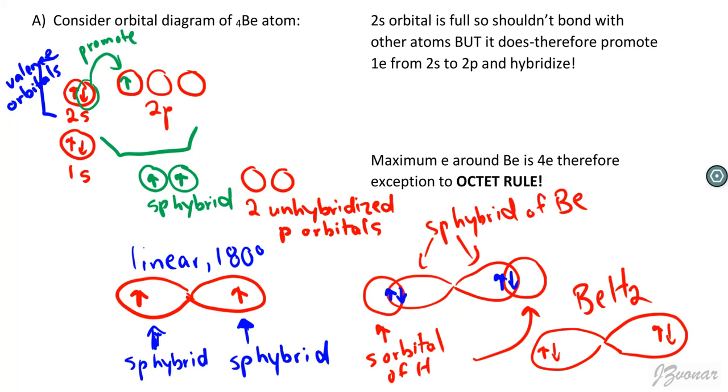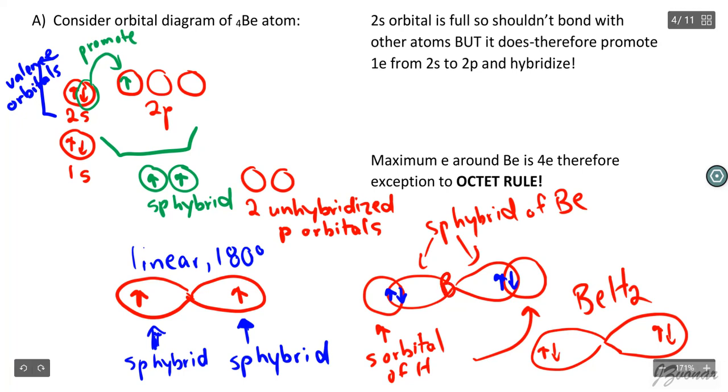All right, is everybody good with that? I hope. It's very important to realize what's happening here. There's a promotion of one of the electrons from the full 2s orbital to an empty 2p orbital. Those two come together and blend, or hybridize. This helps to explain why beryllium has a maximum of 4 electrons about it.